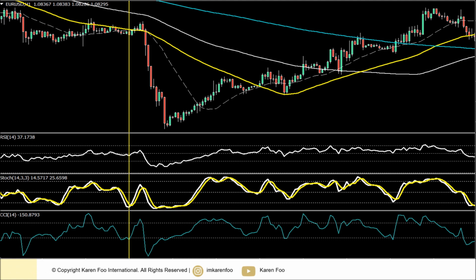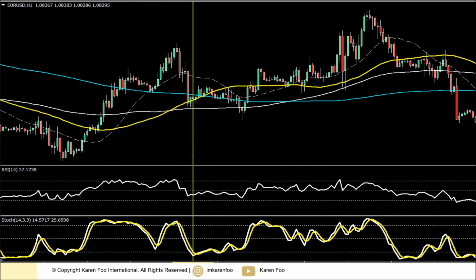Now there are some traders who combine two indicators together, for example RSI and stochastics, because they need a lot more confirmation, whereas I feel that it is fine with just using one indicator because most of the time it just gives you the same message anyway. Just that some oscillators give you more signals, some give you fewer signals. Okay, so let's move on to the next example.